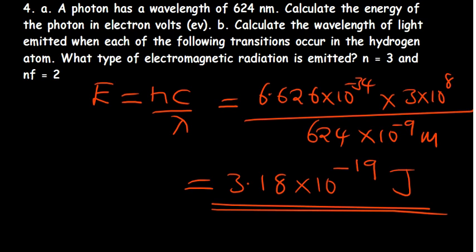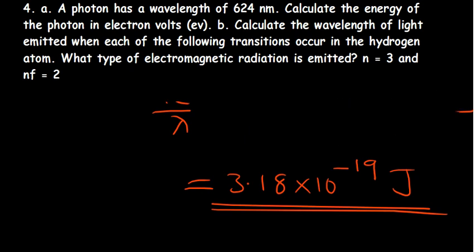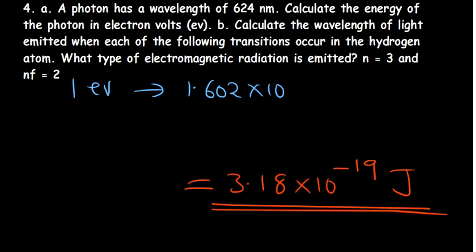Then we can move to B, but before that we have to convert this to electron volts. So the conversion factor: 1 electron volt is equal to 1.602 times 10 to the power negative 19 joules.